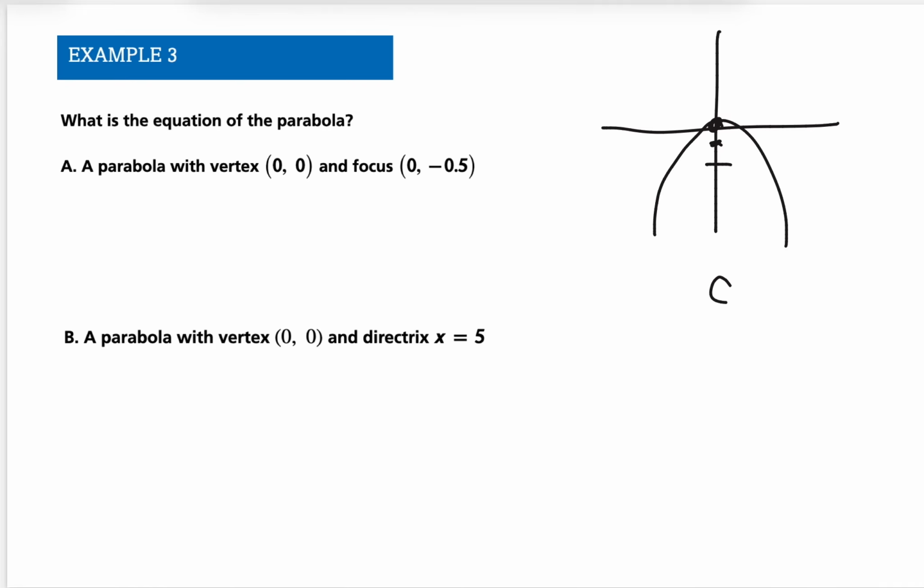And so my C value is -0.5. So if I write that equation, I know it's going to be y equals, because it opens down, 1 over 4 times my C value. So 4 times a half is going to be 2, and it's negative, so we know this is going to be y = -1/2 x squared.